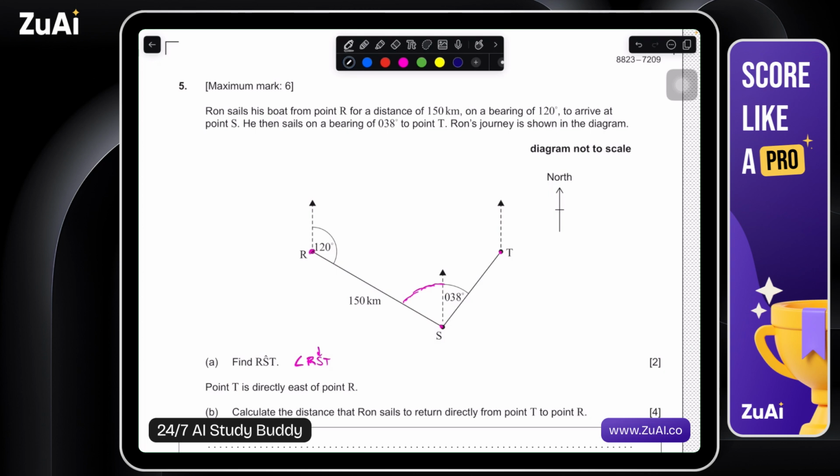Find RST. Here we have a situation where we're going to need to remember our angle pairs.